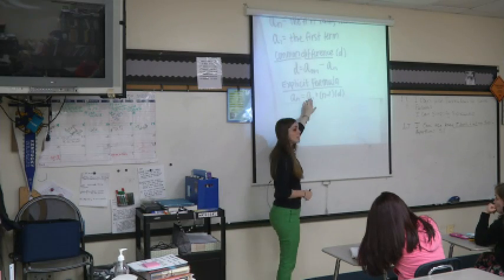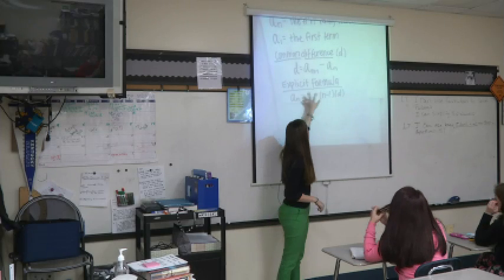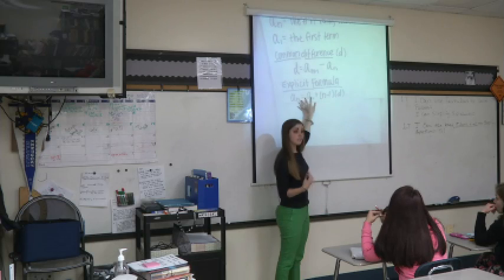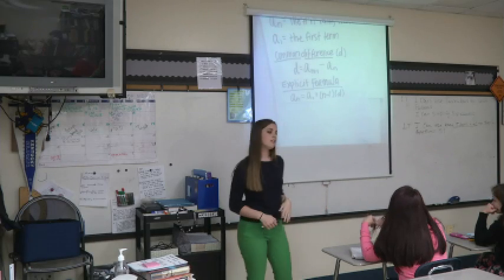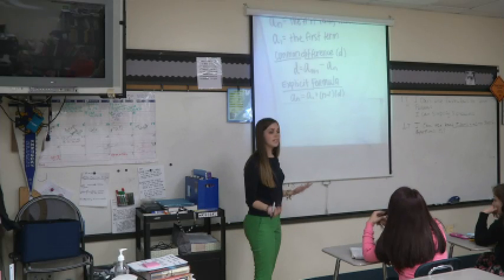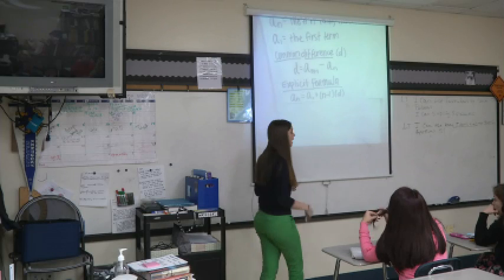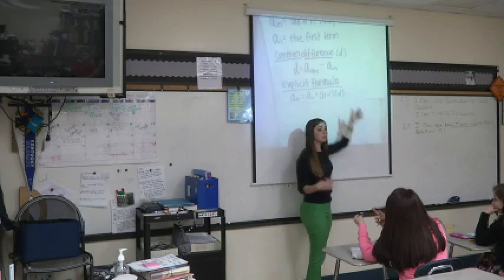A sub 1 is what? The first term. So all you have to do is go to your sequence and look at the first term. N is what? The number you're trying to find. So if it says find the 10th term, N is 10. Find the 75th term, N is 75. And D is the common difference, your pattern.